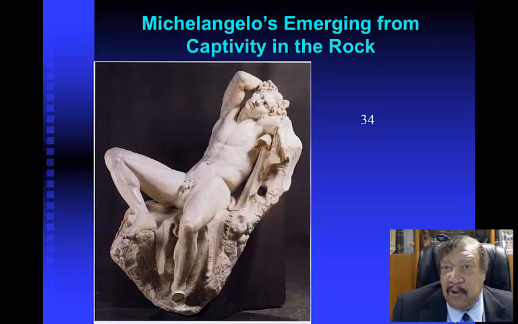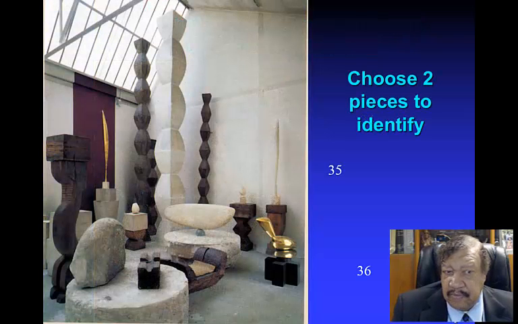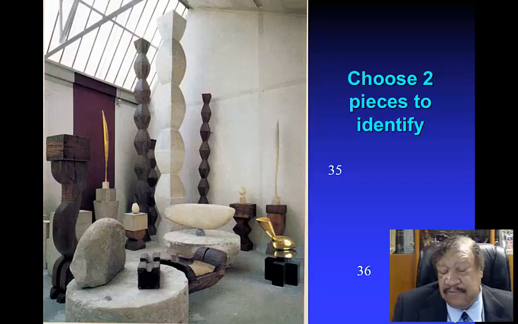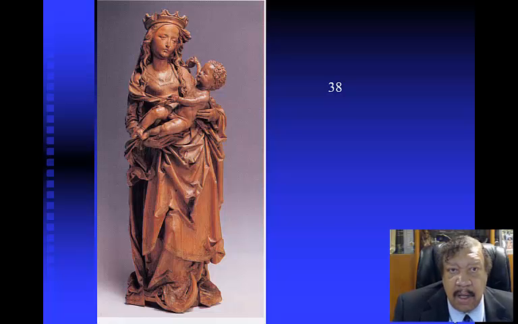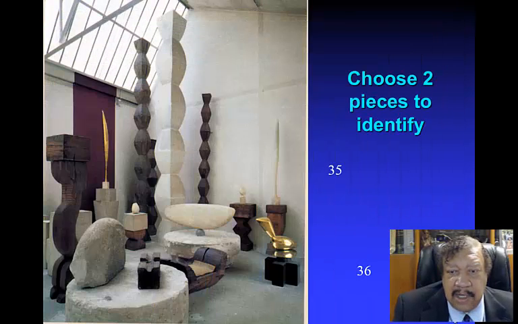Michelangelo emerging from captivity. This piece, how was it created? It's all I want. How are these pieces created? You can choose two and just write on 35, 36. I didn't mean to confuse you.